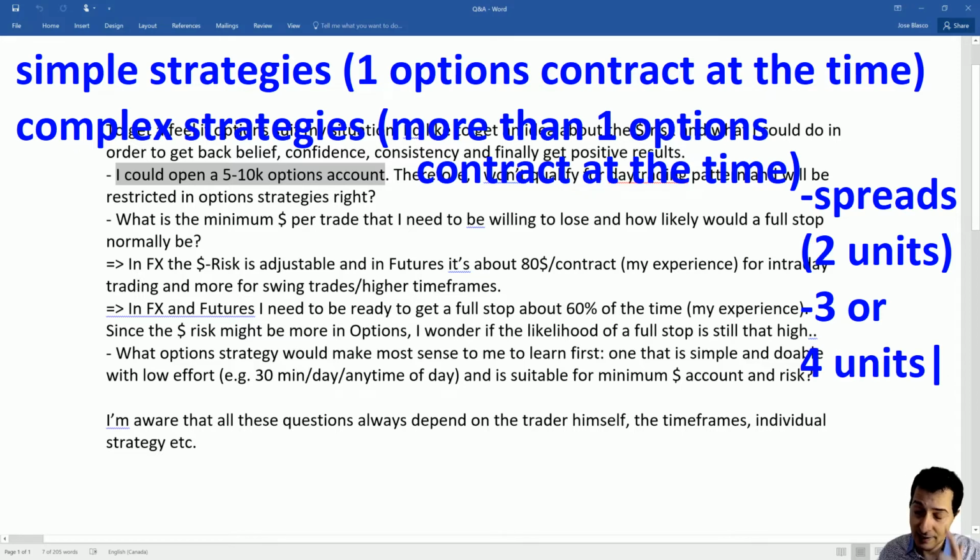And what's the problem with that? Well, up to 3 I'm fine, but when you get to 4, what's the problem? For example, let's say you want to do an iron condor, where you buy a call, you sell a call above, and then you sell a put and you buy a put below. How many units is that? Well, the iron condor is made of 4 units.